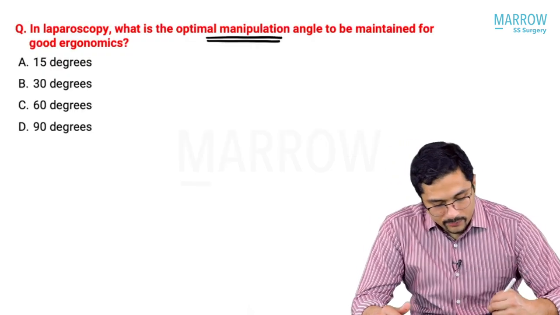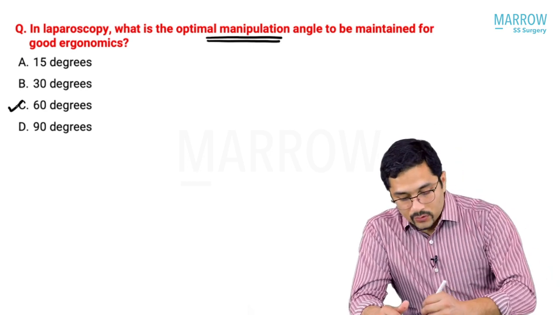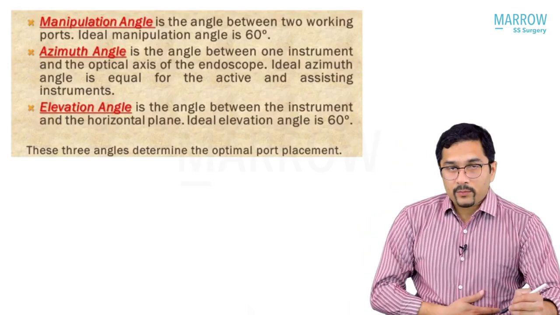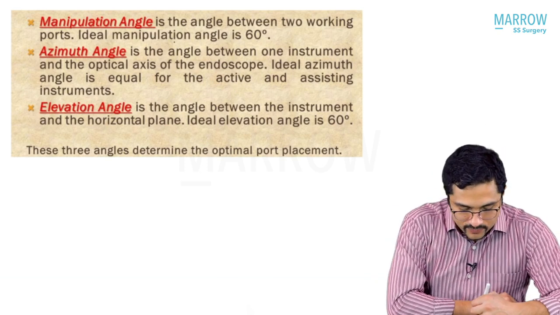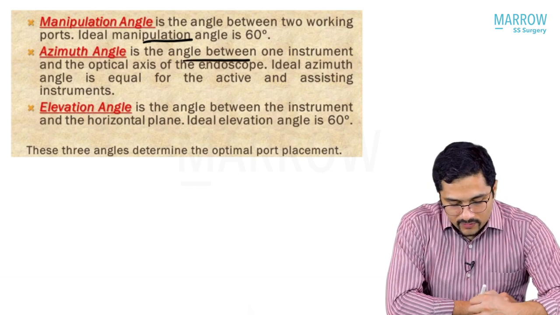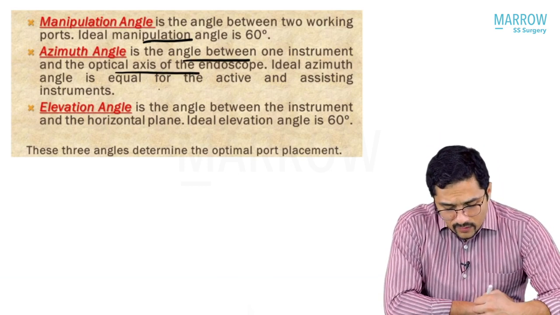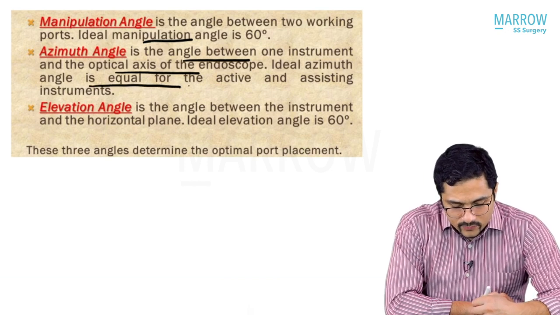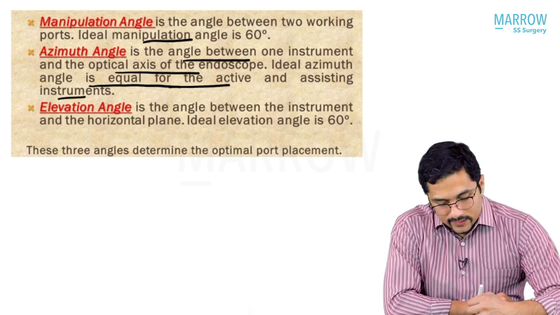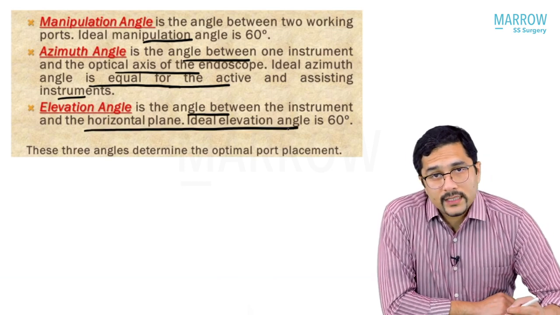So, the optimal manipulation angle for good ergonomics is 60 degrees in laparoscopy. These are the definitions. Manipulation angle is between the two working ports. Ideal is 60 degrees. Azimuth is between one instrument and the optical axis of the endoscope. Ideal azimuth angle is equal for active and assisting instruments. Elevation angle is the angle between the instrument and the horizontal plane. Ideally, this is also 60 degrees.